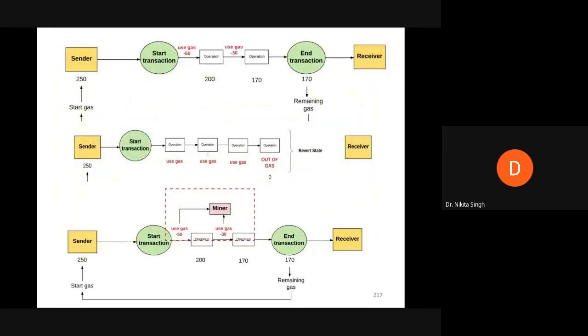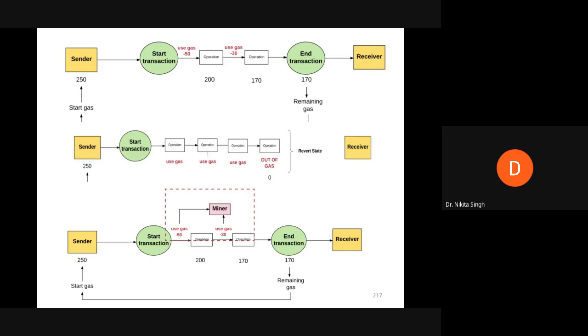If you look at the first figure here, you have a sender and you have a receiver, and you want to send a transaction from the sender to the receiver. So I need to start the transaction.